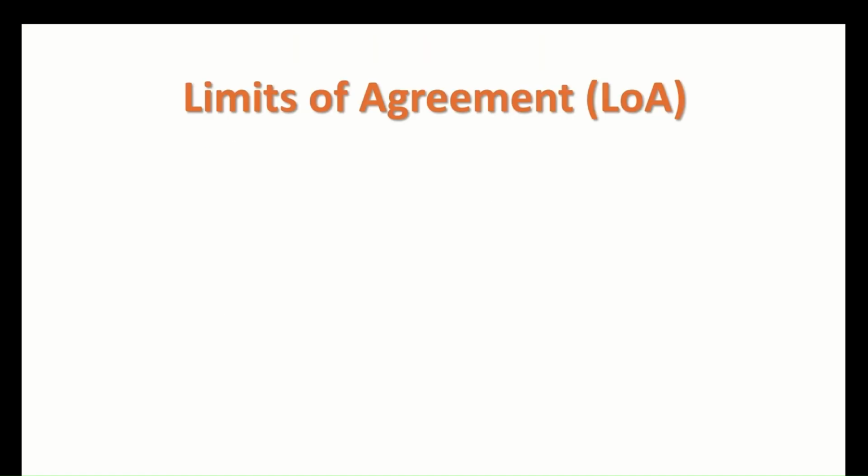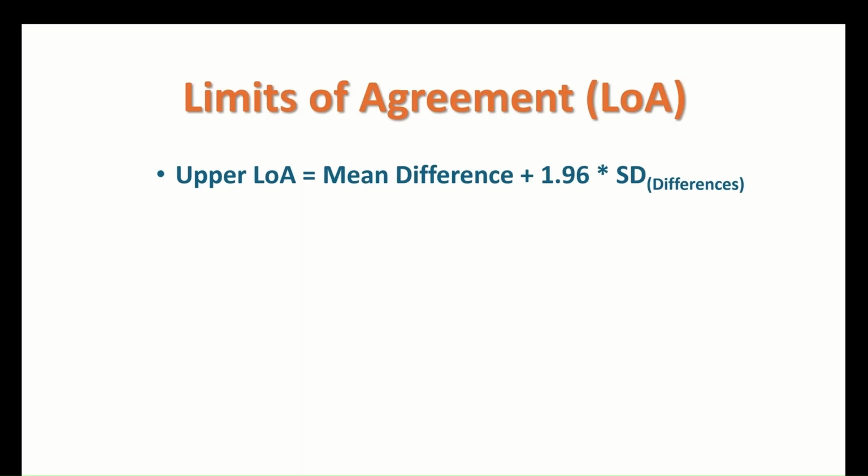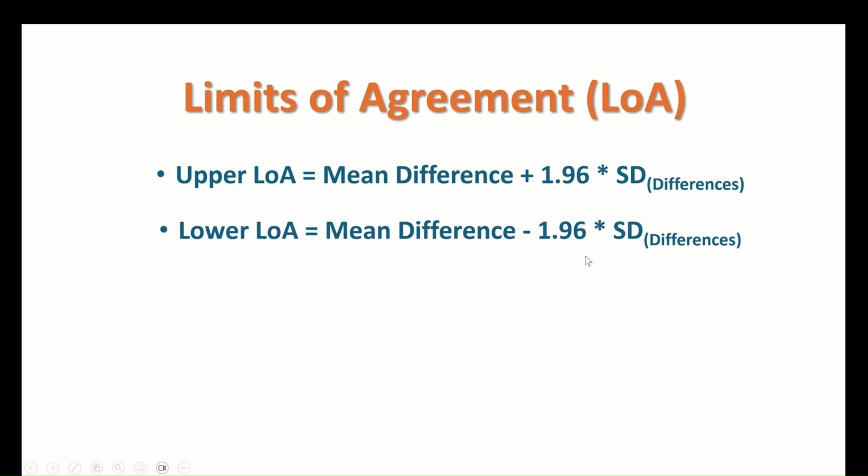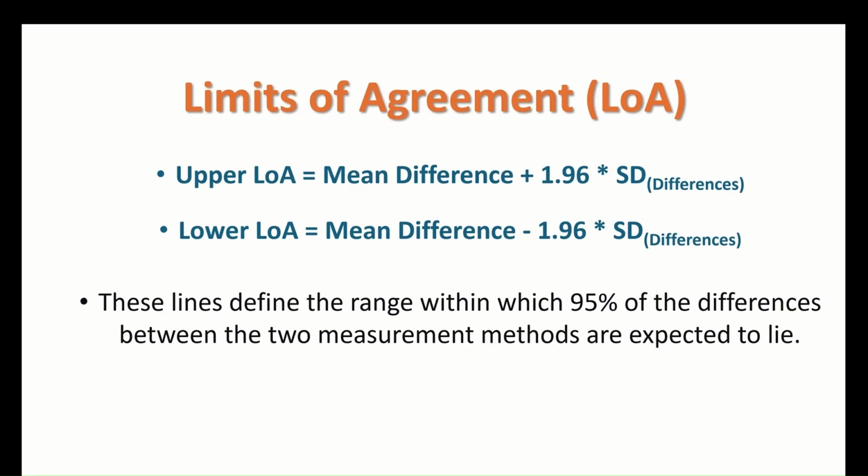To also calculate the limits of agreement, there is a formula or equation for it, which is for the upper LOA, it's equal to the bias, which is the mean difference, plus 1.96 multiplied by the standard deviation of the differences. And to calculate the lower limit of agreement, the equation is the bias minus 1.96 multiplied by the standard deviation for the differences variable.